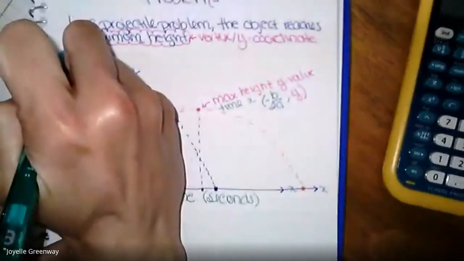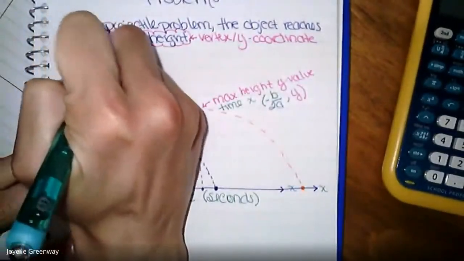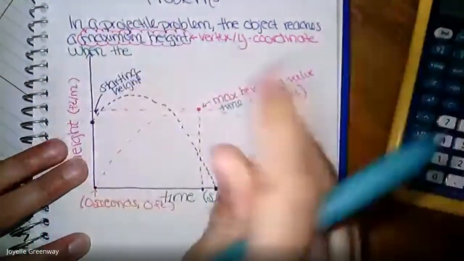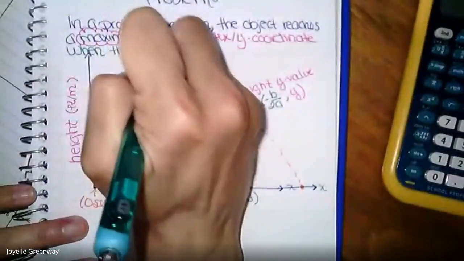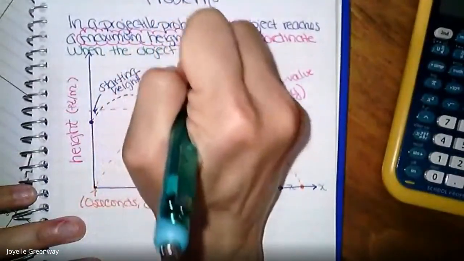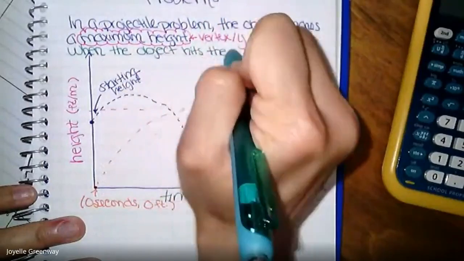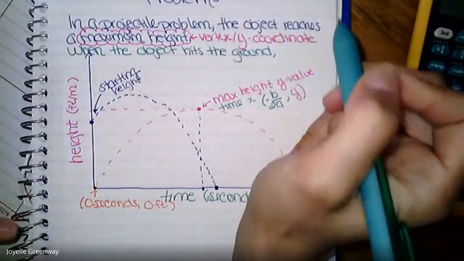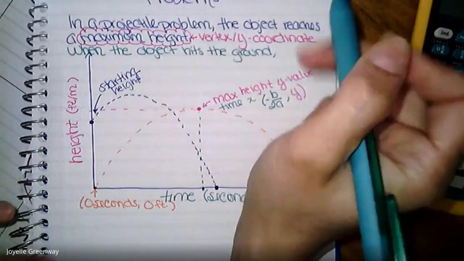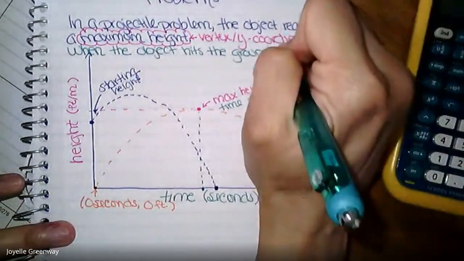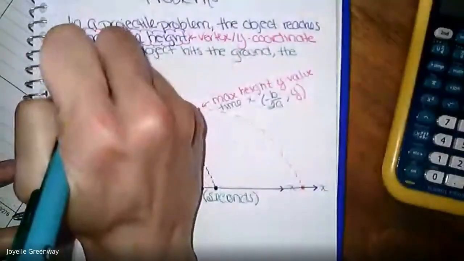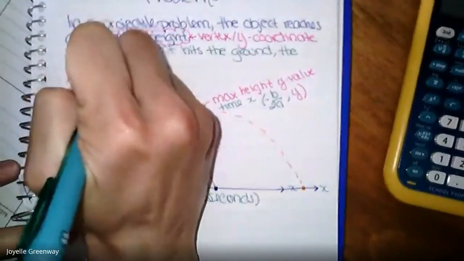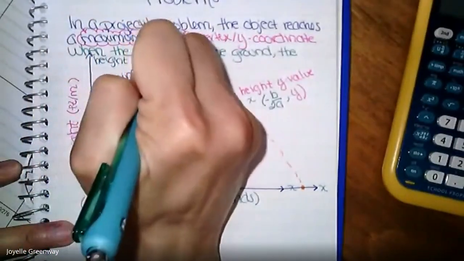Let's say when the object hits the ground, the y coordinate, the height, is 0.